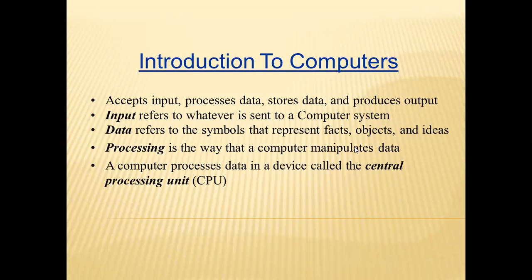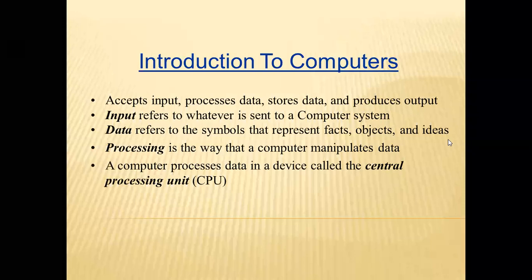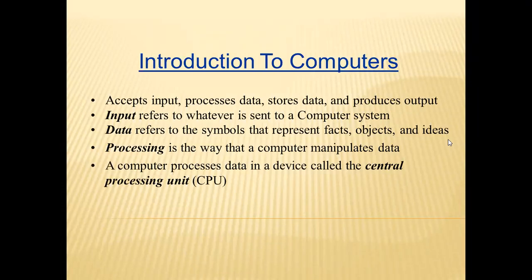So input is everything which is given as an input instruction to the computer. From where are we going to give the input instruction? That would be your keyboard. Data refers to the symbols that represent facts, objects, and ideas.